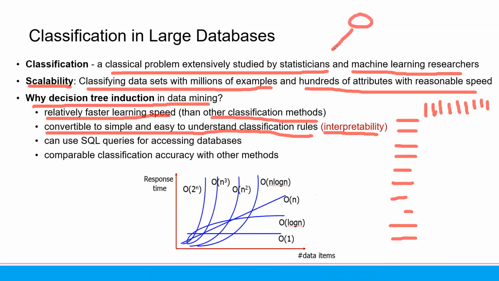And then the next will be the other attribute to give our decision. So it shows that it is simple and easy to understand. And we can use SQL queries for accessing the database with the decision tree. And there's also comparable classification accuracy with other methods. So the decision tree is still relevant, even though maybe the accuracy is not that high, but it is still comparable.